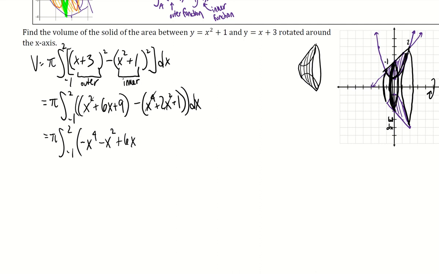Plus 6x plus 9 minus 1 is plus 8 dx. Find the antiderivative: -1/5 x to the 5th minus 1/3 x cubed plus 3x squared plus 8x, from -1 to 2.